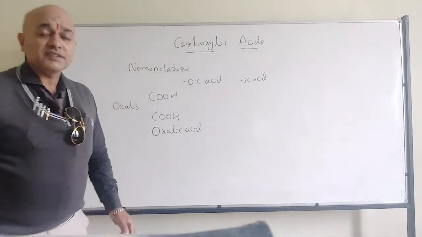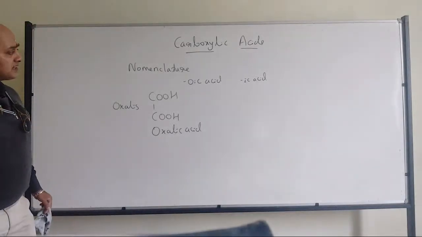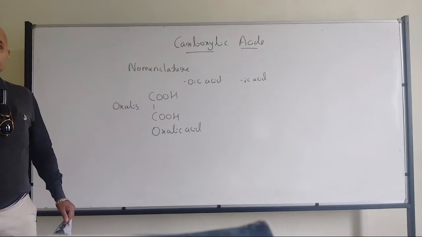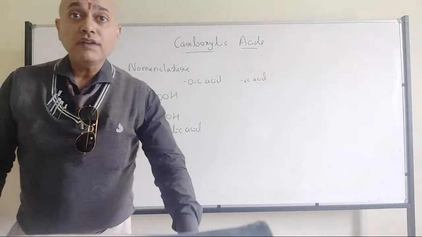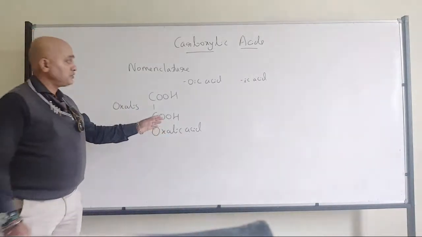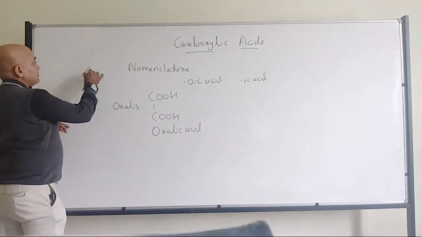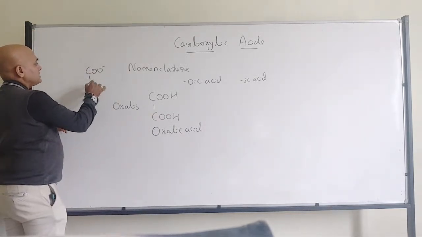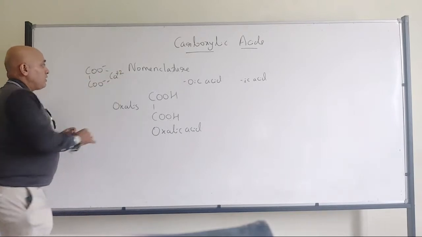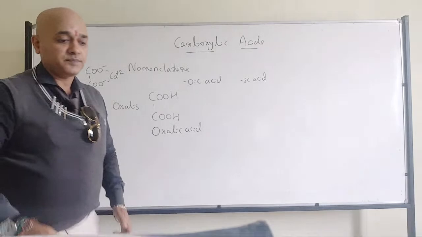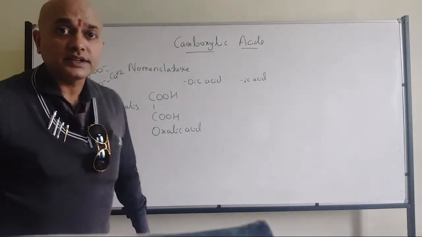Yes, Archit, that's why it is called oxalic acid, the common name. It is also an important component of kidney stones, where calcium oxalate is present. Most kidney stones are due to the coordination complex of oxalate and calcium. So calcium oxalate is the important component.